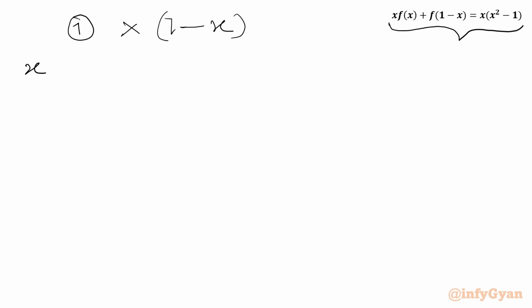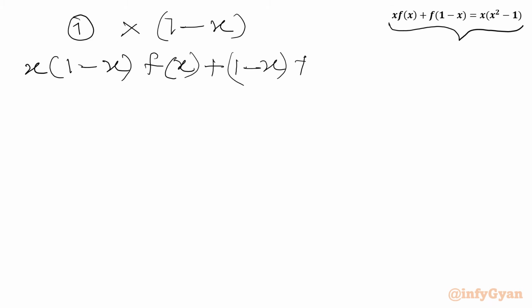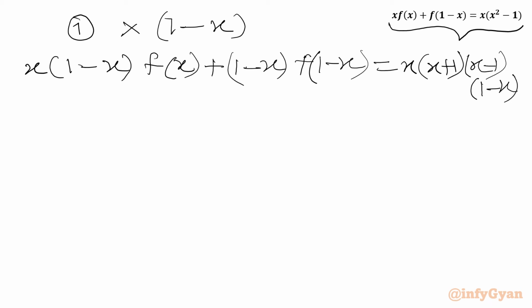Now I will multiply our equation 1 by 1 minus x. Let's multiply. So I will get x times (1 minus x) times f(x) plus (1 minus x) times f of 1 minus x equal to x times (x plus 1) times (x minus 1), and then we'll multiply with 1 minus x.